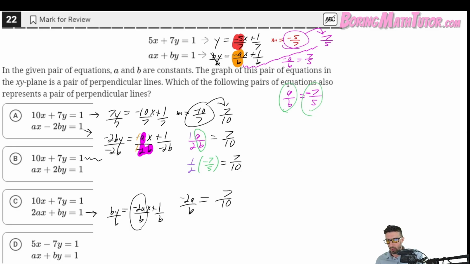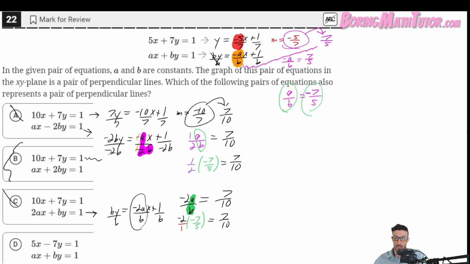Well, we're once again going to replace the a over b with negative 7 over 5. And when I multiply that by negative 2, will that come out to 7 over 10? No. If you put this one over 1, it will not do that for you. Okay, so that means it's not this one either. And we already got rid of this one.